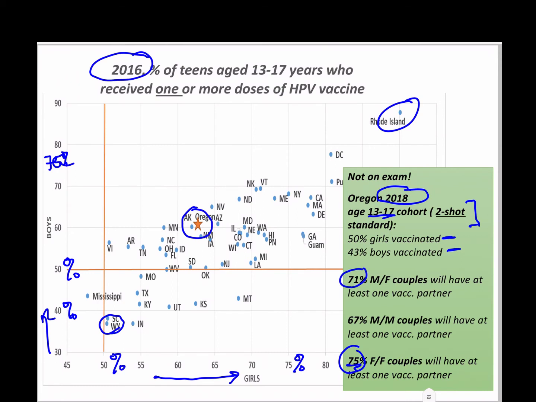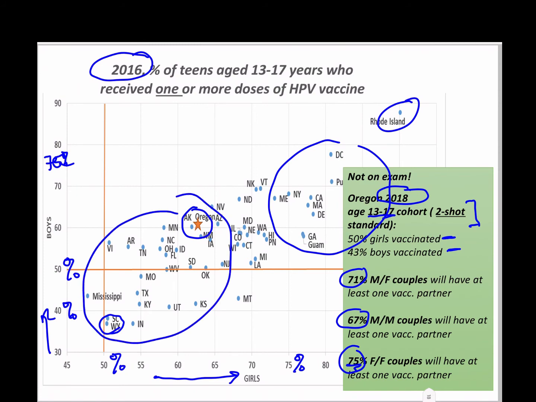In a male-female couple, there was about a 71% chance at least one had been vaccinated. And because boys had a lower rate of vaccination, in male-male couples there was only about a 67% chance that one had been vaccinated. And when it comes to vaccination rates, this isn't terrible if you're in the high 70s or 80s, but it could definitely use some help down in here.